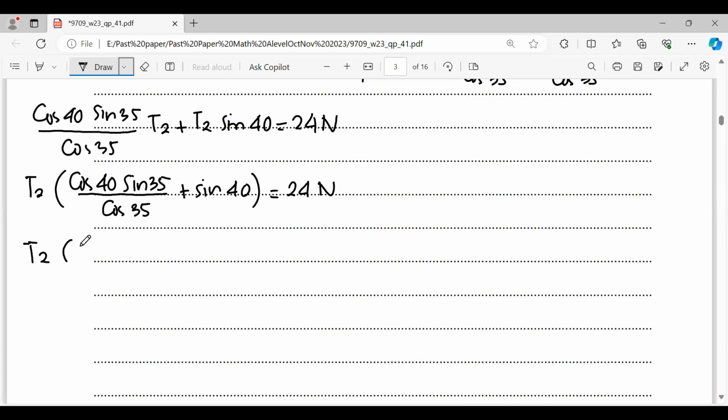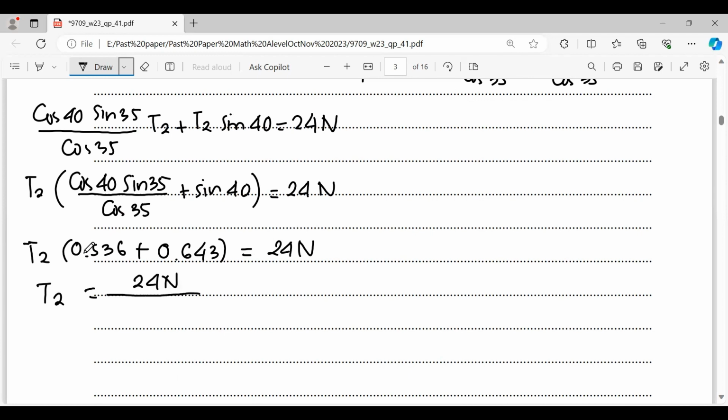This is the number 0.536 plus sine 40, 0.643, T2 equals 24 newtons.